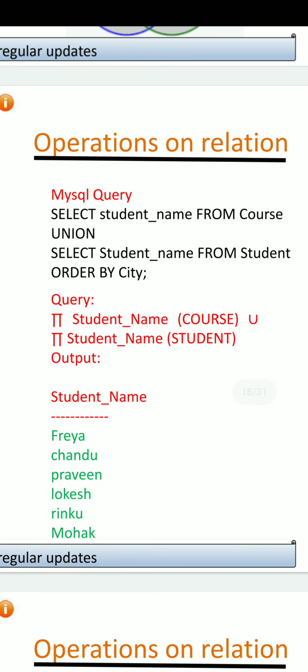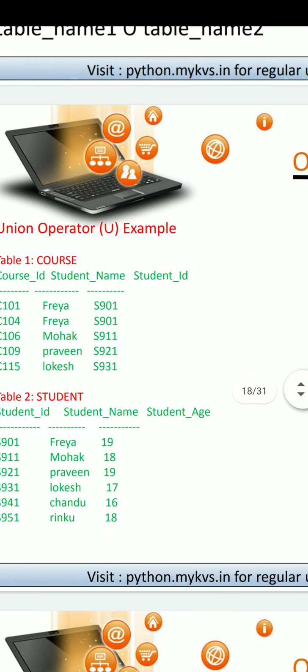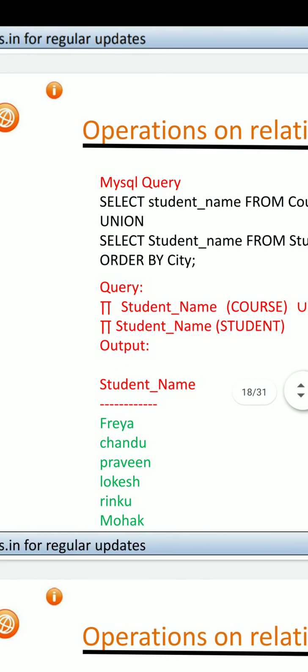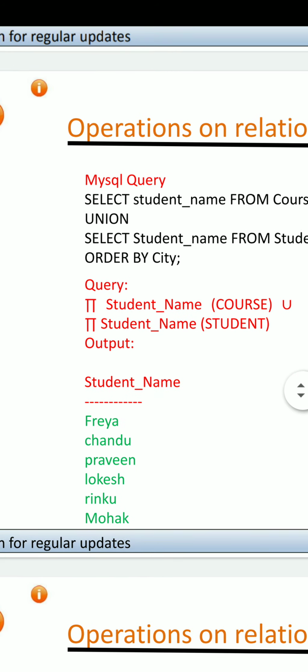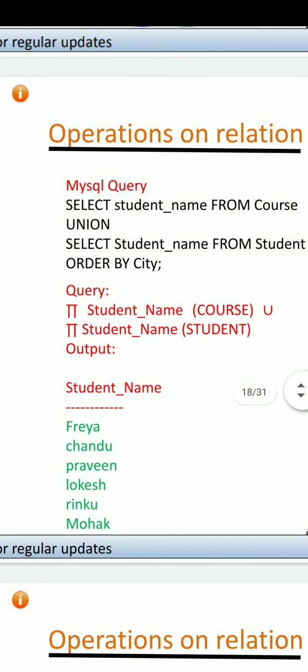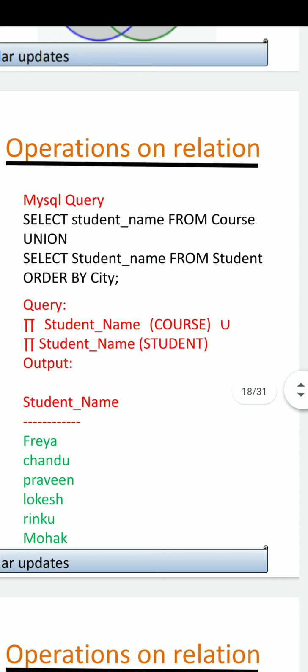Select student name from course, then we will mention union, then again select student name from student, order by city. Okay, it's not necessary to mention order by here, but the union operation is to be performed with similar column names.